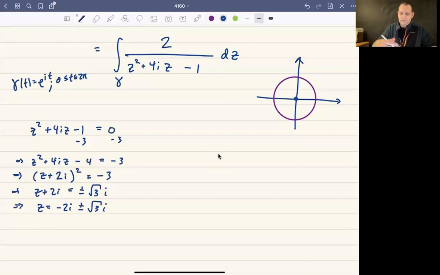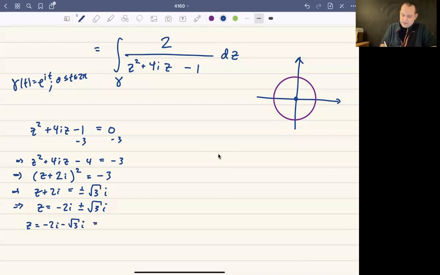All right, and then really all we had to look at is whether any of these values fall within the circle of radius 1, centered at the origin. And unfortunately, they do. If you think about the negative term, z is negative 2i minus square root of 3i. Square root of 3 is like 1.5, somewhere between 1 and 2. It doesn't matter where.